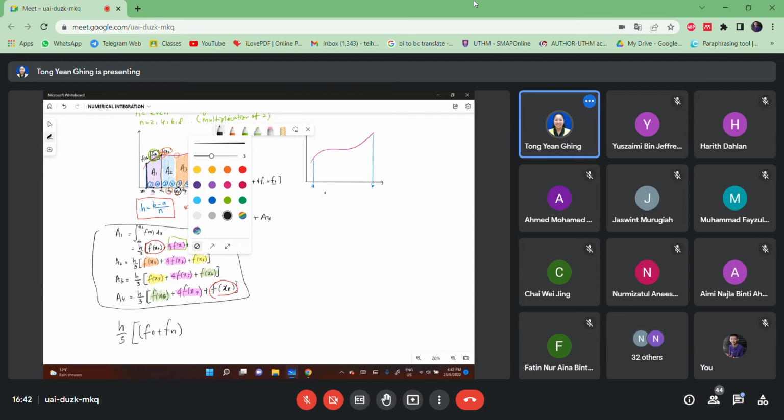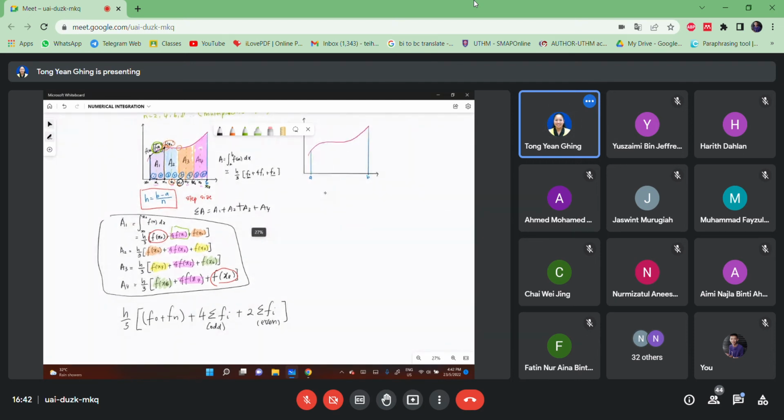But then the rest, 4 times the summation of Fi, where i is an odd number, and then 2 times the summation of Fi, where i is an even number. Can you understand? Okay, so this is the formula.